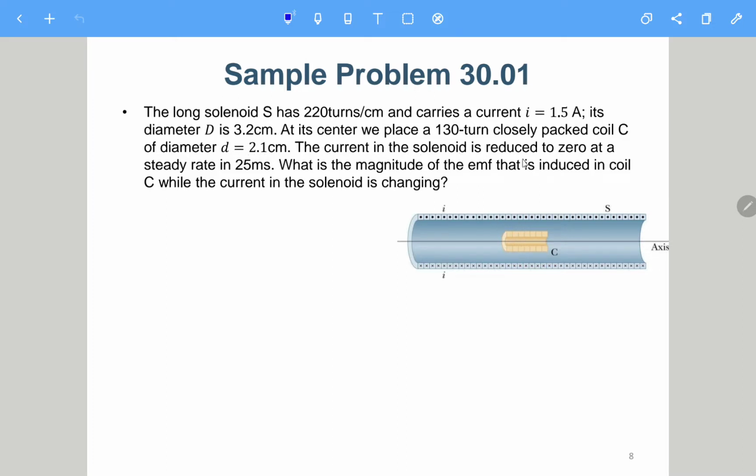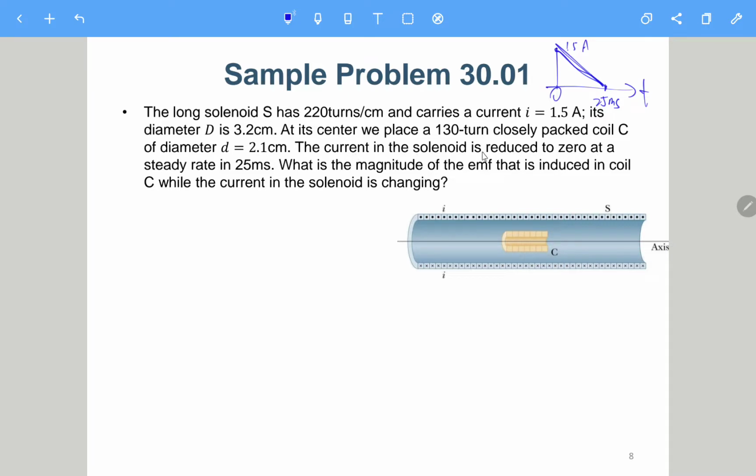The current in the solenoid is reduced to zero at a steady rate in 25 milliseconds. As it said, initially it is 1.5 A. It reduces to zero steadily in 25 milliseconds, which means at t equals 0 it is 1.5 A, and then at 25 milliseconds it reduces to 0, so it is a straight line.